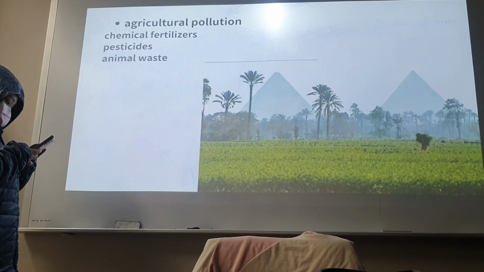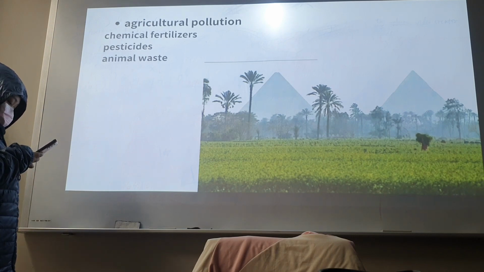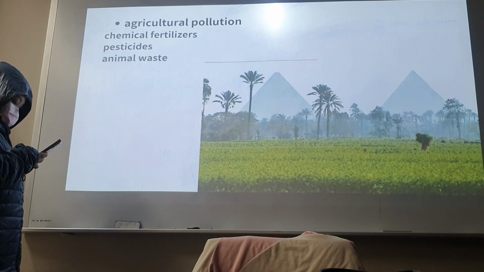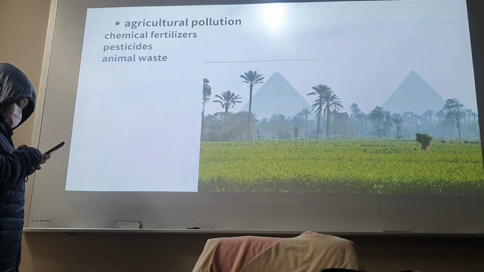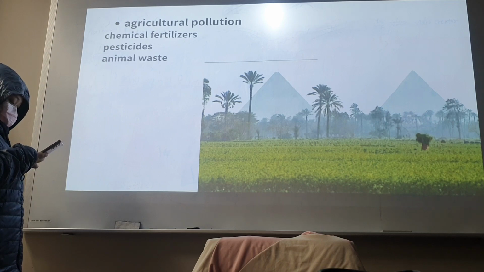Agriculture is also an important source of water pollution, mainly due to the excess use of chemical fertilizers and animal waste.